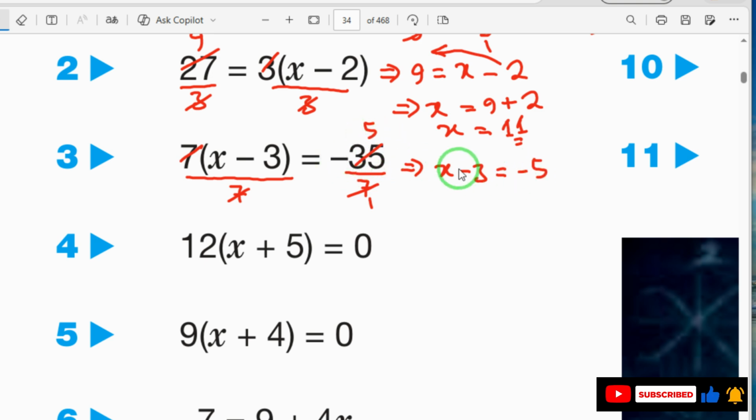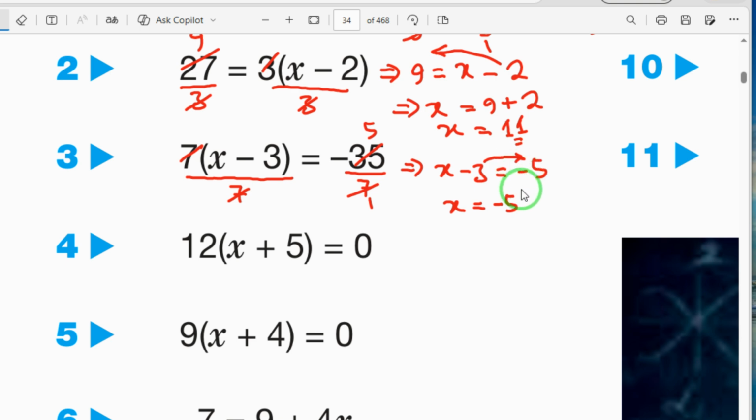There's negative remain, then we keep x to the left side, it's equal to minus 5, and when we carry minus 2 to the right side, become positive plus 3. So x equal to, here we subtract minus 5 and plus 3, bringing only minus 2. This is the answer.